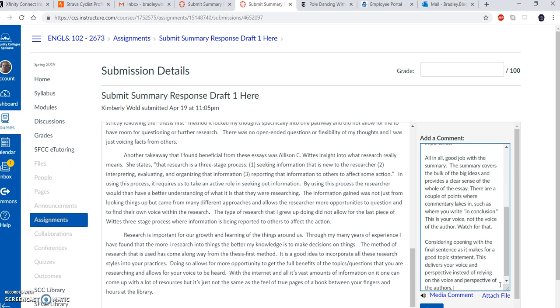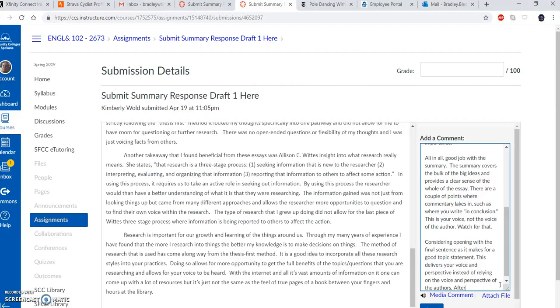We want to use the authors to promote our own perspectives. So Kimberly moves that sentence up to the beginning, then we have her making a point and using the information to support it rather than responding to the information that is in the text.